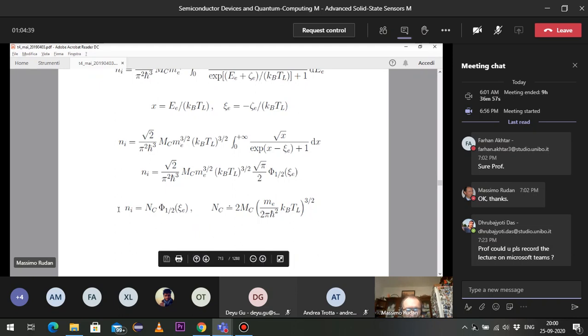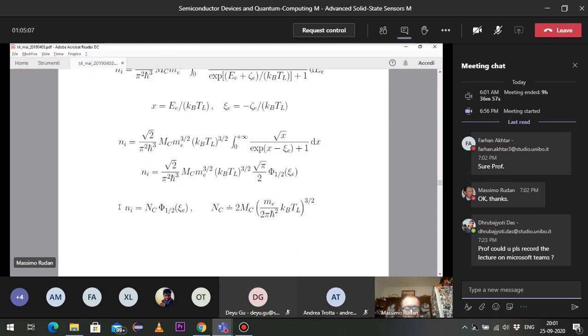So in compact form, Ni, the intrinsic concentration, is given by a constant Nc times the Fermi integral of order 1/2 of parameter psi e. Okay, the constant Nc takes the name of effective density of states of the conduction band.